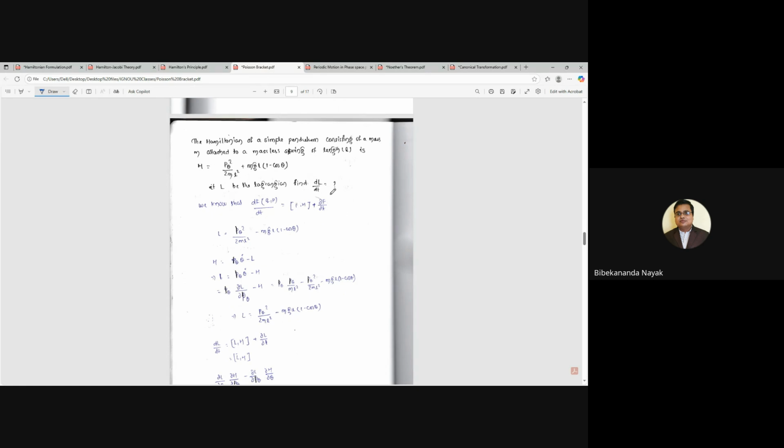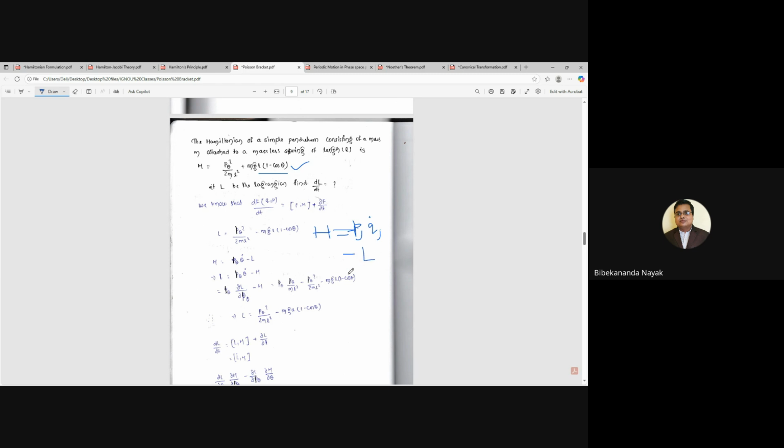Similarly, here is a problem where the Hamiltonian is given for a simple pendulum. We have to find dl/dt. The Hamiltonian is given, and you can also calculate the Lagrangian. We know H is equal to Σ pj qj dot minus L. So what is L?